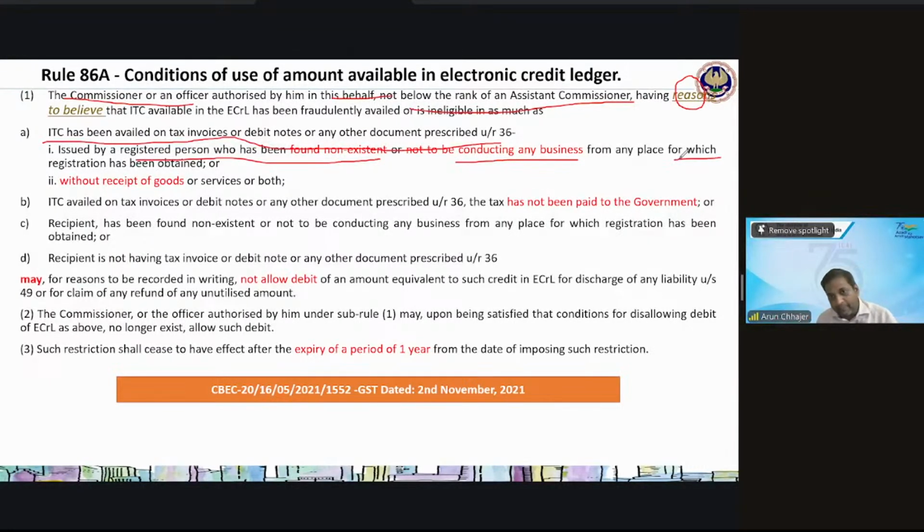I, being a recipient, have the ITC in my ledger. My Commissioner or Assistant Commissioner can block this amount if he has reason to believe that this credit has been availed on the basis of a tax invoice issued by Mr. A, and Mr. A does not exist, or is not doing the business, or is not conducting the business from the declared place of business. Correct?